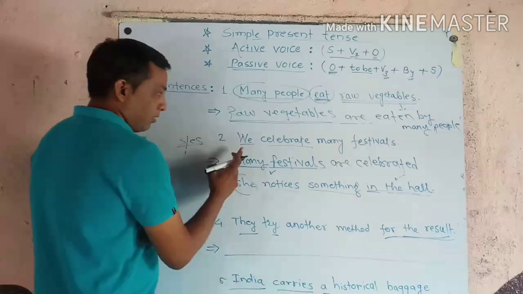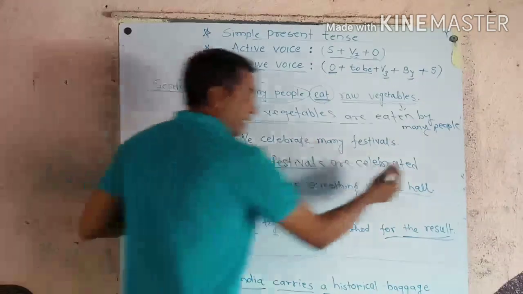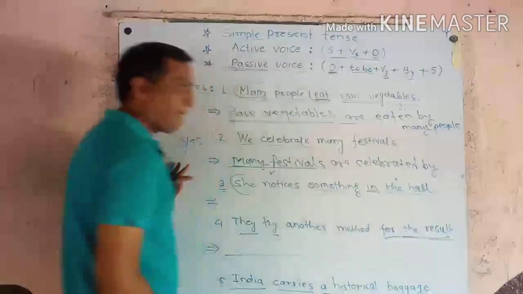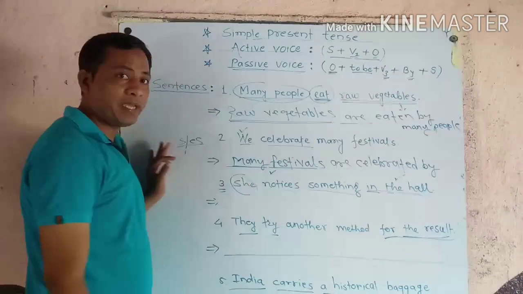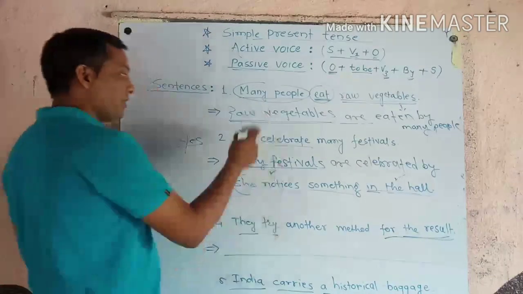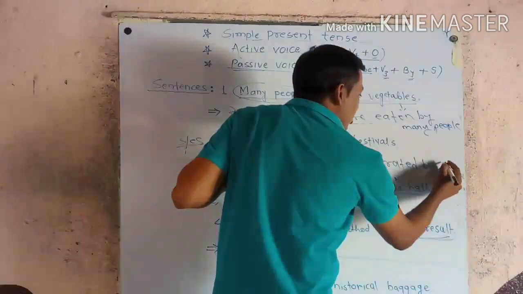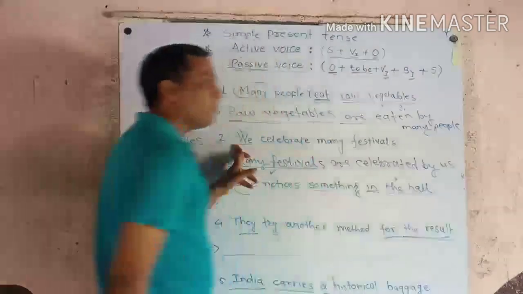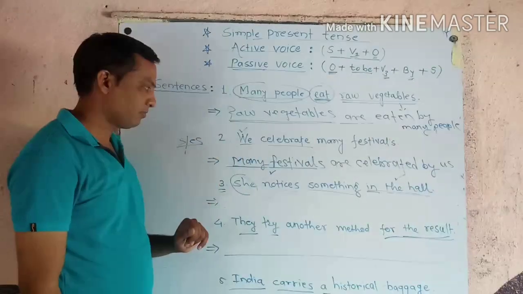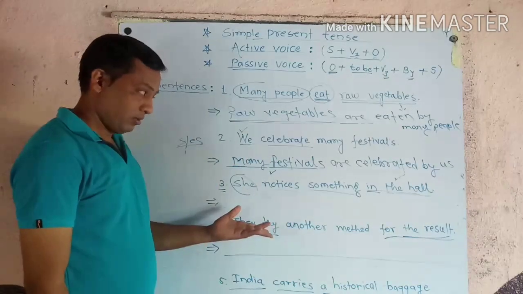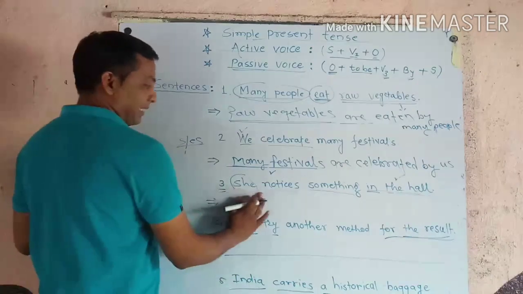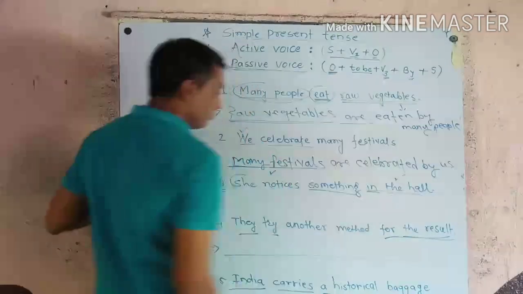Then as per the rule, what should be taken or written here? "By". And then which is the subject now? We. It's a pronoun, and if it is a pronoun, then we have to write the objective case of that pronoun. And what is the objective case of "we"? Us. Here in the second sentence, in the third sentence, which one is the object?